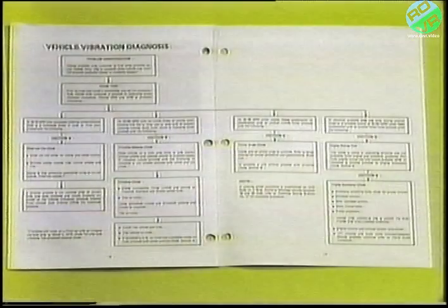Place the transmission in neutral and coast down through the problem speed range. If the vibration is clearly felt, then the problem is probably being caused by out of balance or out of round wheels or tires.